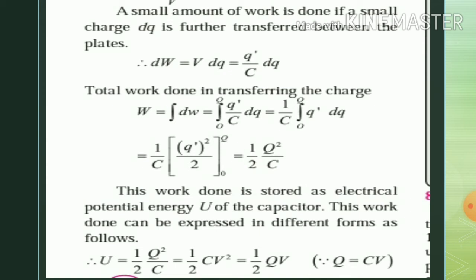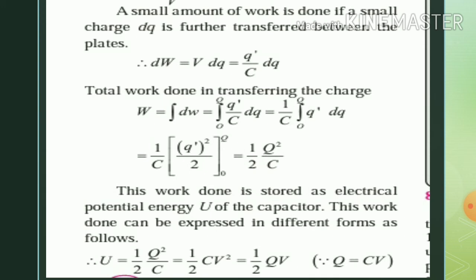So then we can write W equals 1 upon C into square bracket and then small bracket, capital Q square upon 2 minus 0 square upon 2. 0 square upon 2 means 0, so it is neglected.